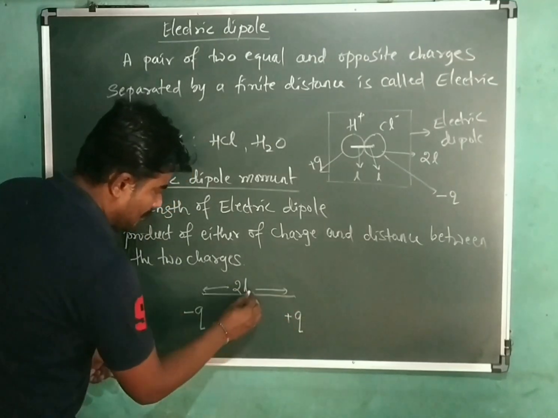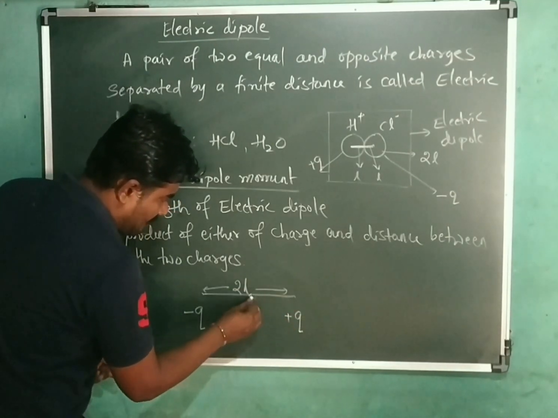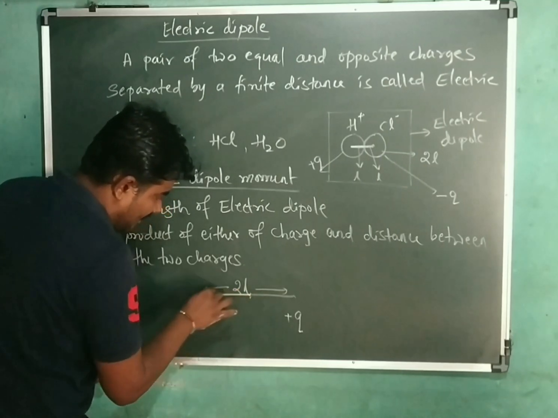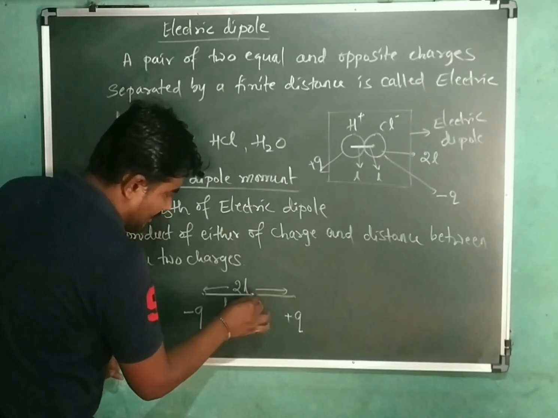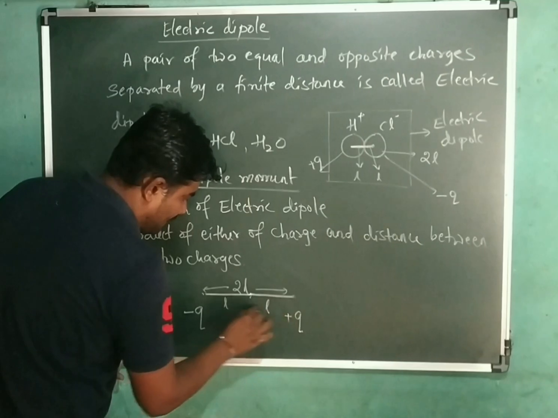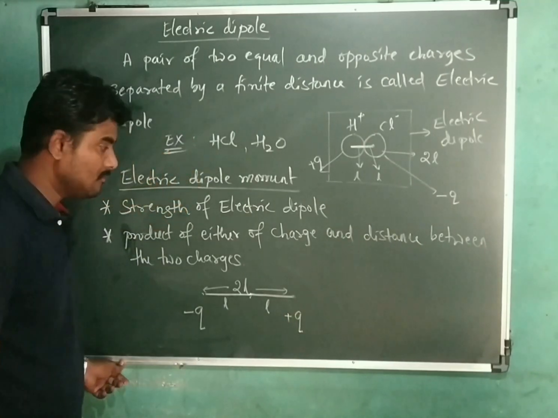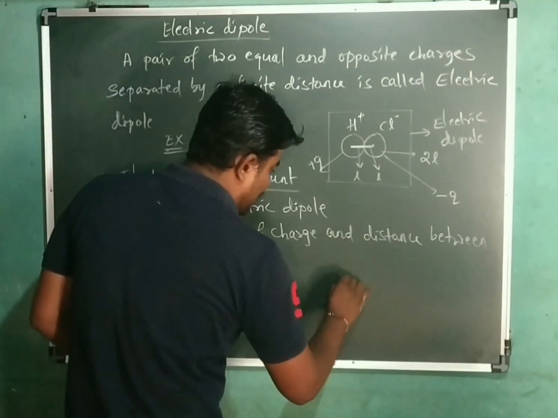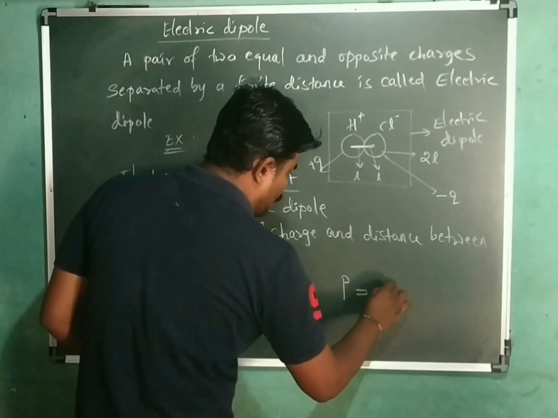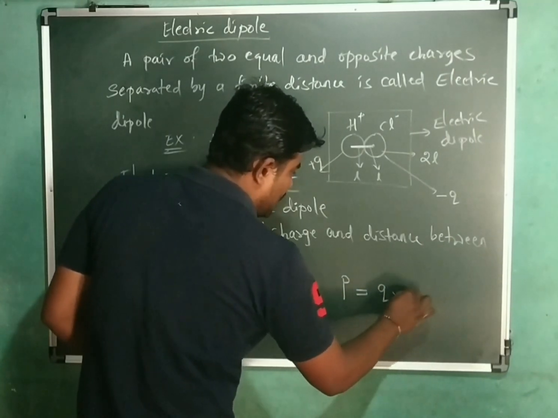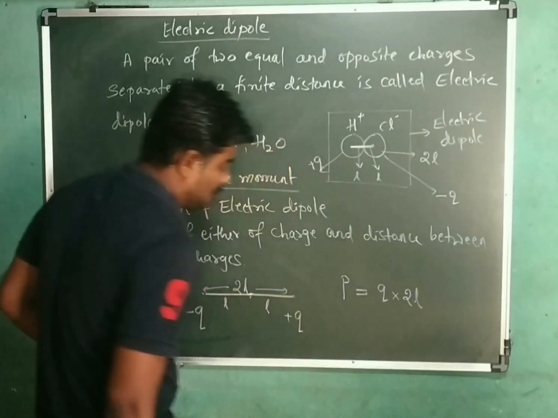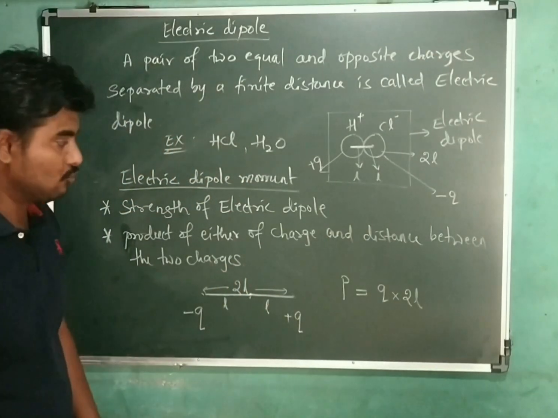Why 2L? Because from the center of the dipole, if I consider this as L, and on the other side this as L, then L plus L is 2L. Therefore electric dipole moment is equal to q, the product of charge, and 2L, which is the distance between the two charges.